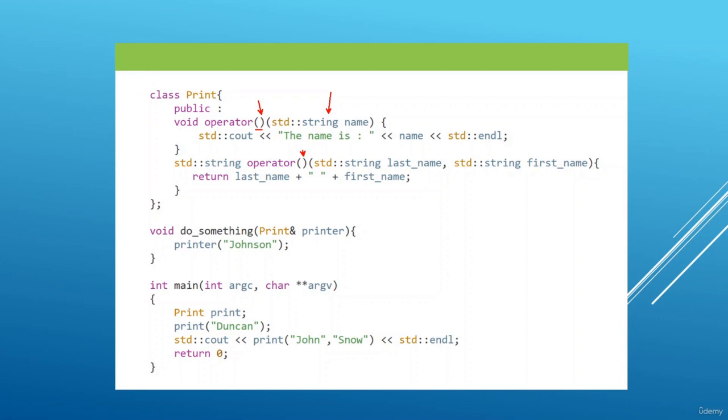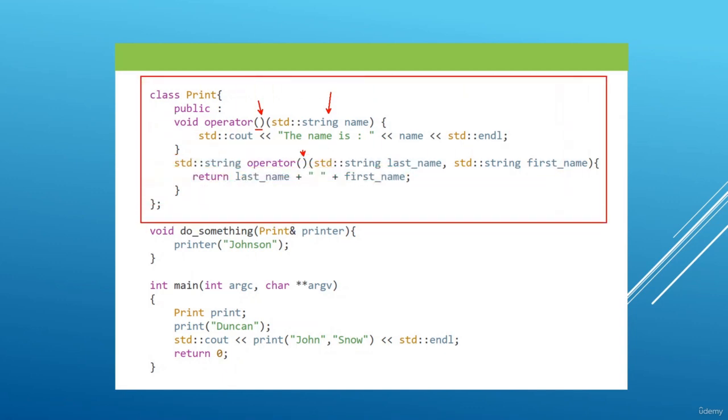Now, once you have an object of this class created, suppose we have an object in the main function here. We have a print object of the print class. We can say something like this. We can basically call a function using the object that we have here. We can say print and pass Duncan, and the compiler is going to look at this class.